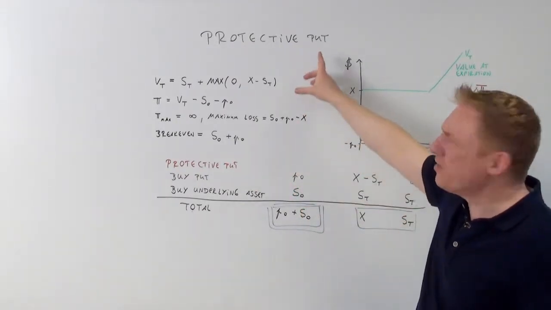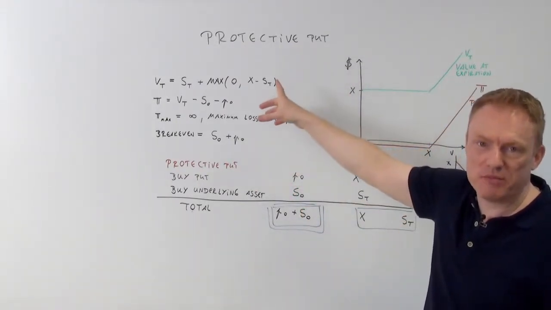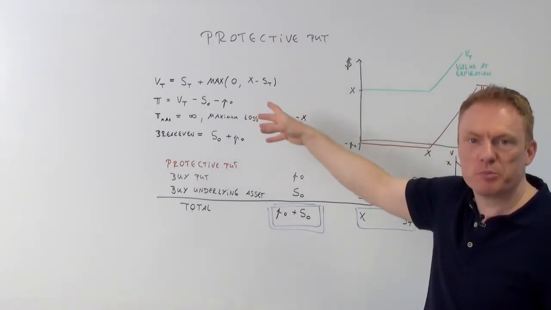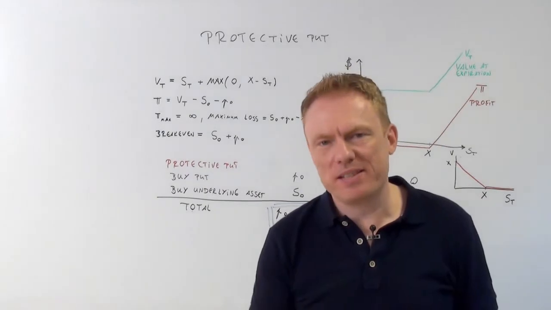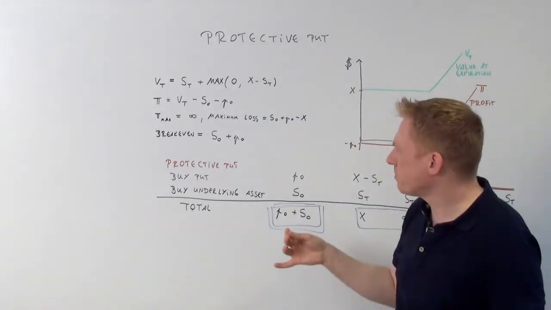In this way, the put is called protective because it protects the underlying asset against downside movements.